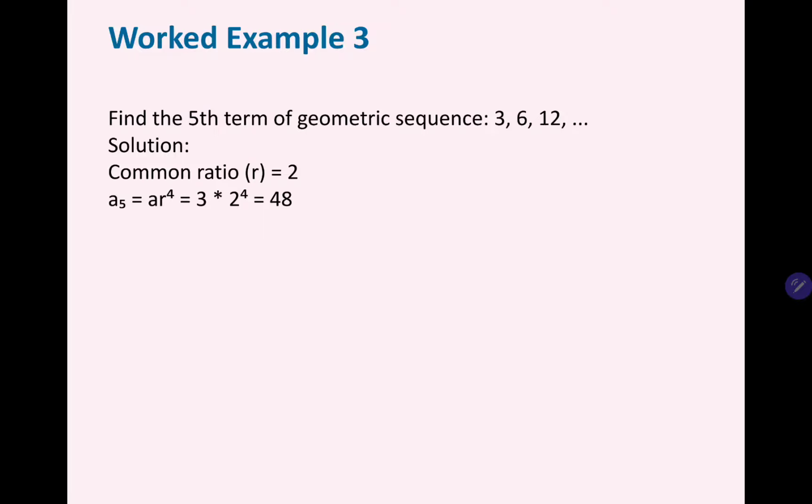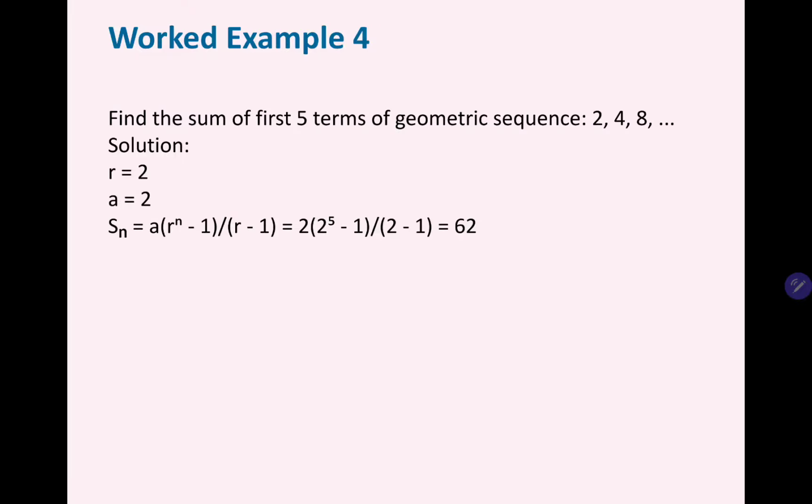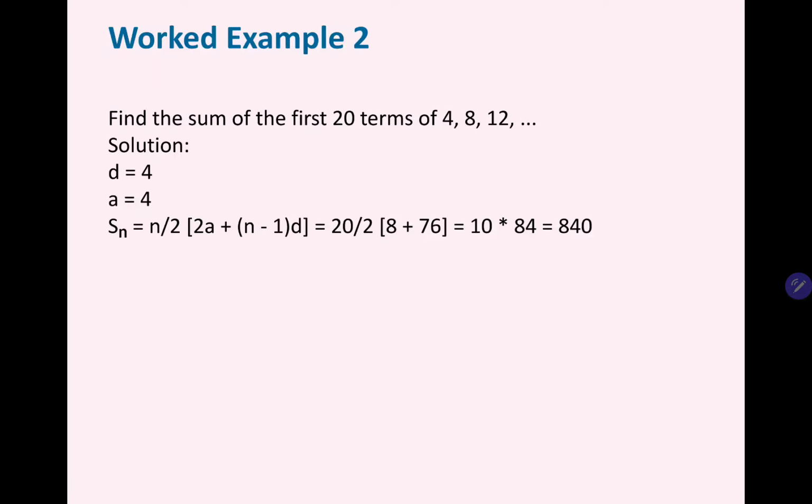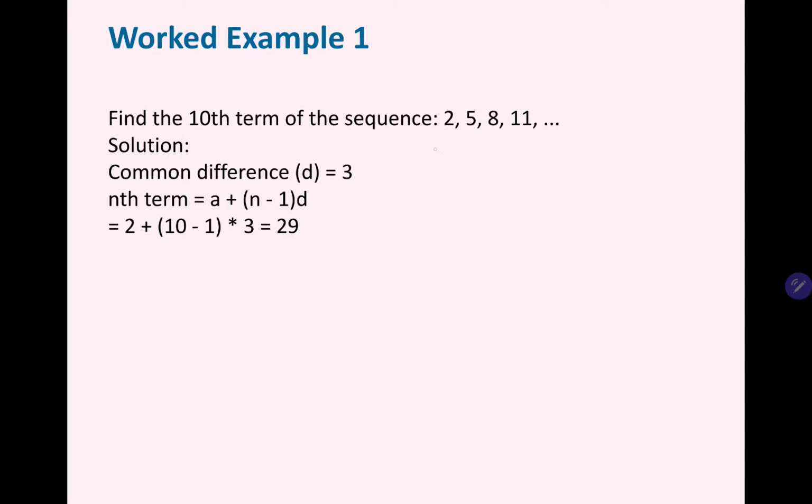For instance, we have an example here. 2, 5, 8, 11. Now, this is a sequence. A sequence is something that is flowing by consistent intervals.